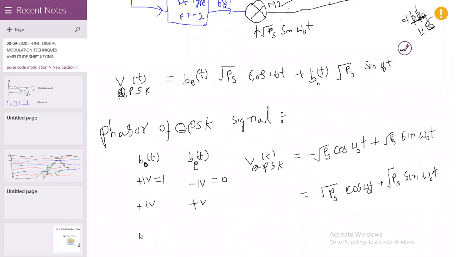Then minus 1 volt and plus 1 volt. This indicates that the corresponding equation is root of Ps cos omega naught t minus root of Ps sin omega naught t.